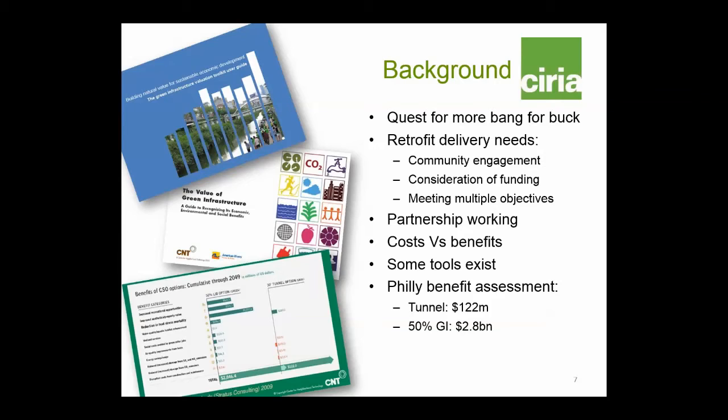infrastructure or a SuDS or a low impact development approach. An example which is commonly quoted is one in Philadelphia, which looked at two options, one which had a 50% low impact development option and a tunnel option. And the size of the benefits that would come out from those were significantly different.